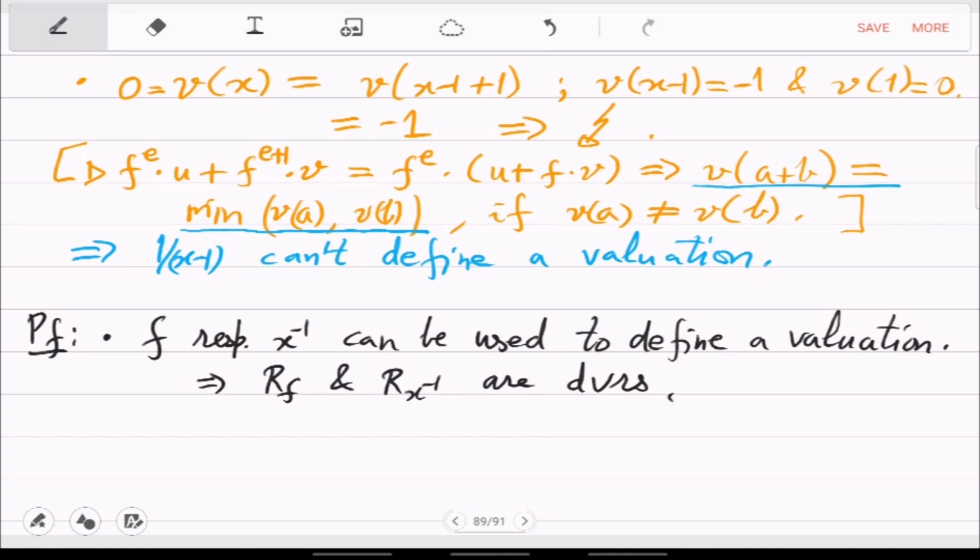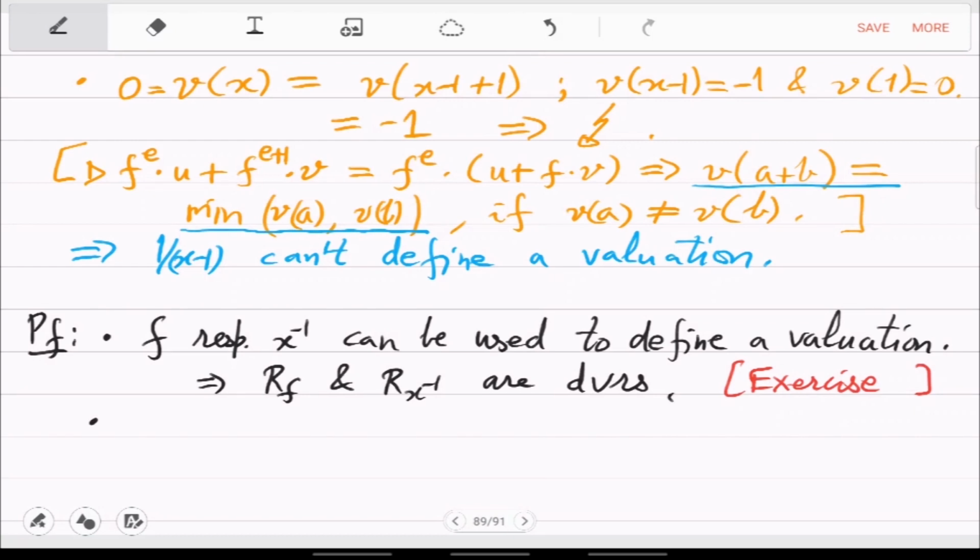How to define it, you check. You have to be a bit careful with x inverse because, as we saw, bad things can happen, like 1 over x minus 1. But that will not happen with 1 over x. So with 1 over x, the usual thing, checking the multiplicity of x, will give you a genuine valuation for rational functions in x.